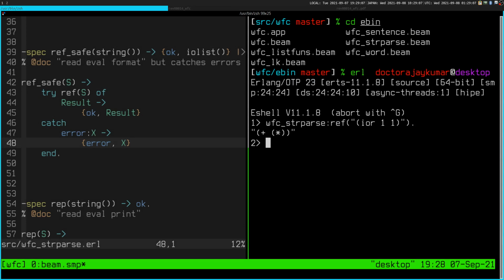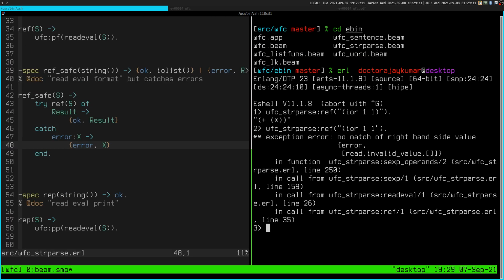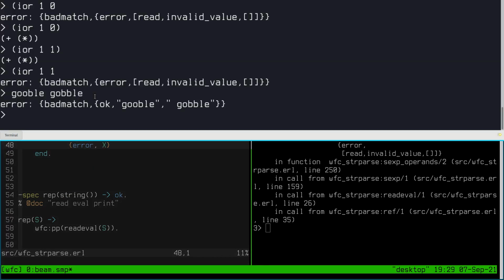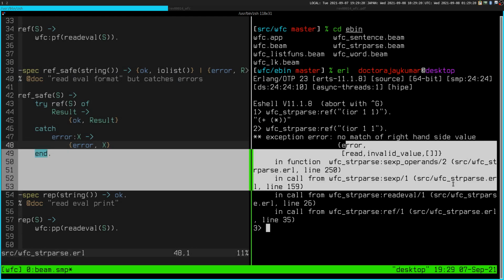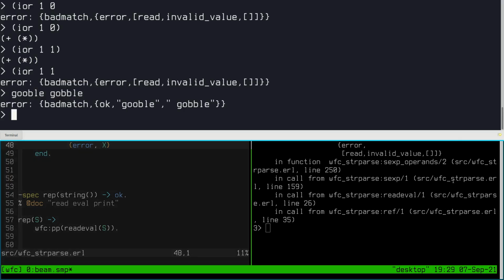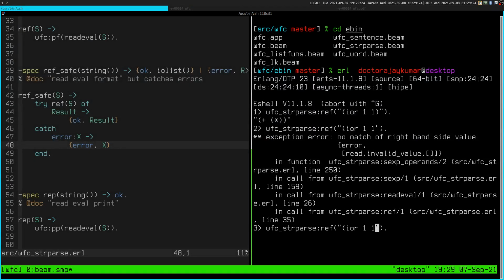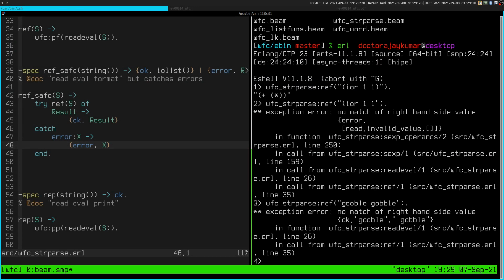Right, but if I do this, yeah, error, read invalid value, here it's the same error. Or if I do this, error, no match of right hand side.